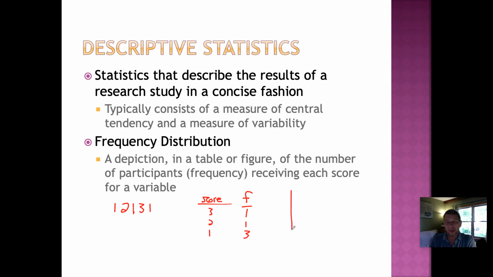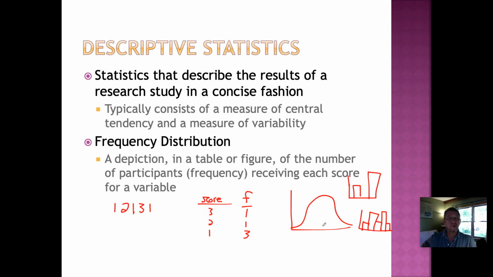Now, pictorially, frequency distributions oftentimes will look like a graph. And so, you could have this kind of graph, which is a polygonal graph. You could have a bar graph. You might even have a histogram, that looks something like this. Okay.